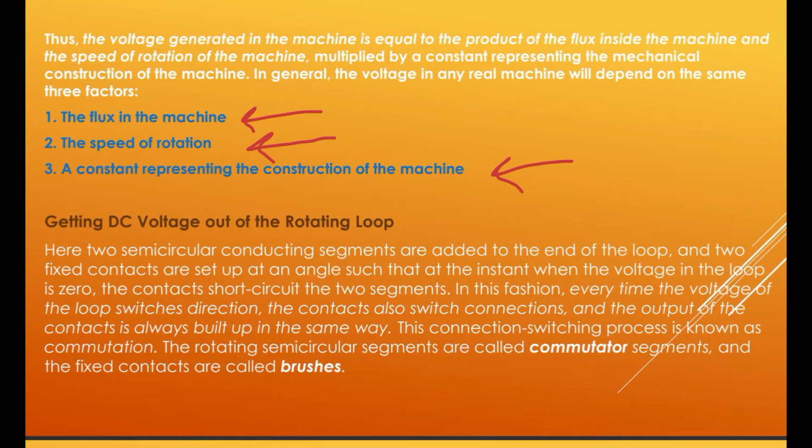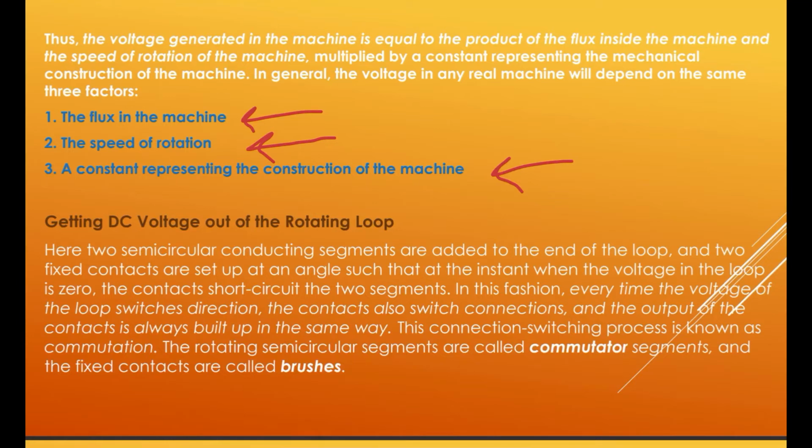Getting DC voltage out of the rotating loop. Here, two semicircular conducting segments are added to the end of the loop, and two fixed contacts are set up at an angle such that at the instant when the voltage in the loop is 0, the contacts short-circuit the two segments.